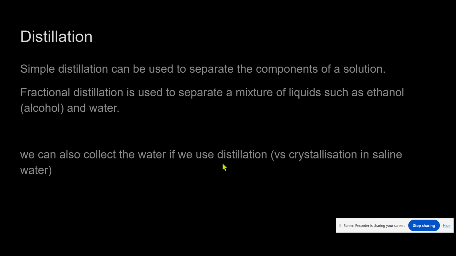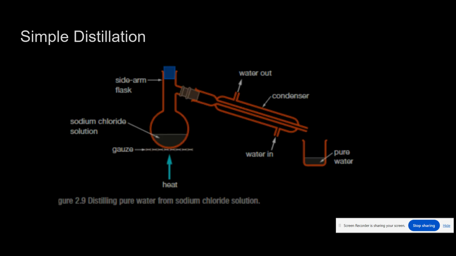Now, distillation. This is the graph of a distillation. It's basically a similar concept to crystallization, but in this case, it's more about focusing on the gas part. Figure 2.9, distilling pure water from sodium chloride solution.